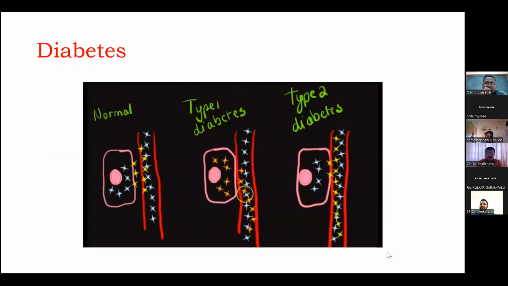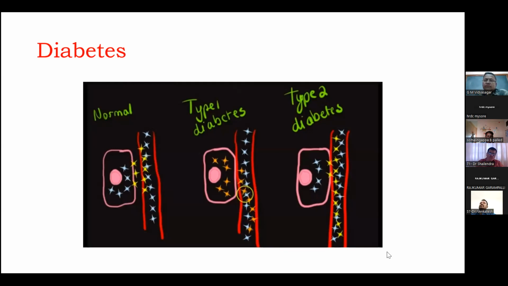Whereas in the type 1 case, there are some dark stars, and these dark stars are not insulin, but fatty molecules. Here the insulin is completely absent, therefore the glucose is not able to enter into the cell. Therefore, the glucose concentration increases in the blood, and diabetes will be very serious in this case.